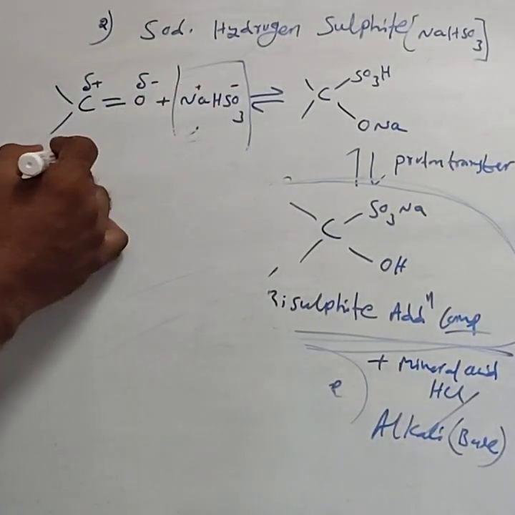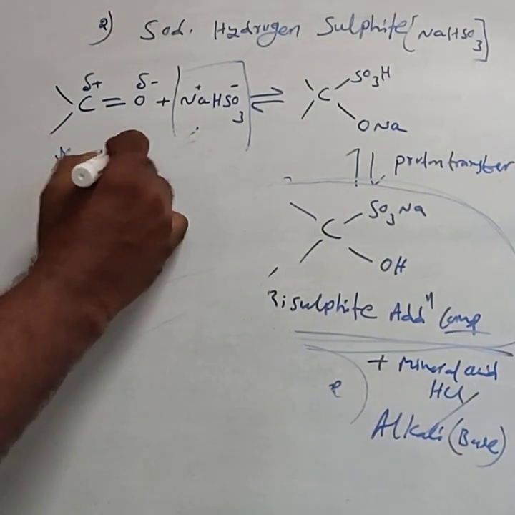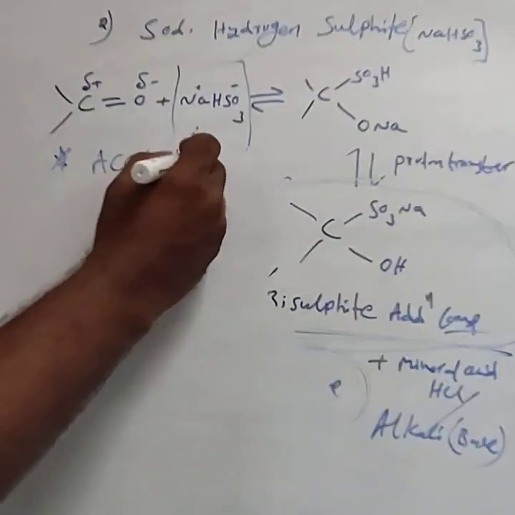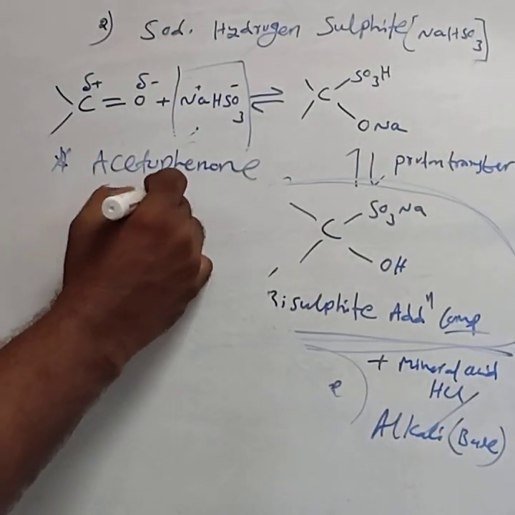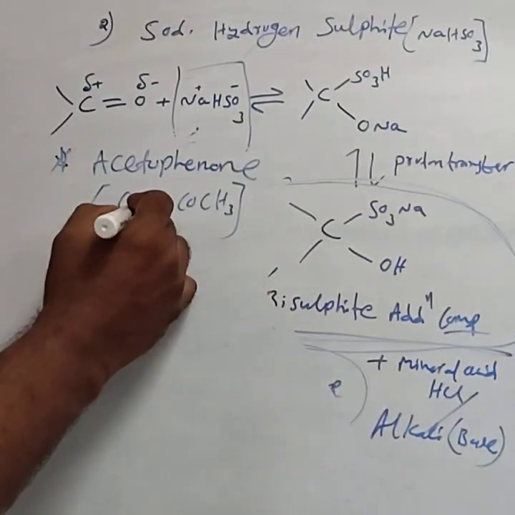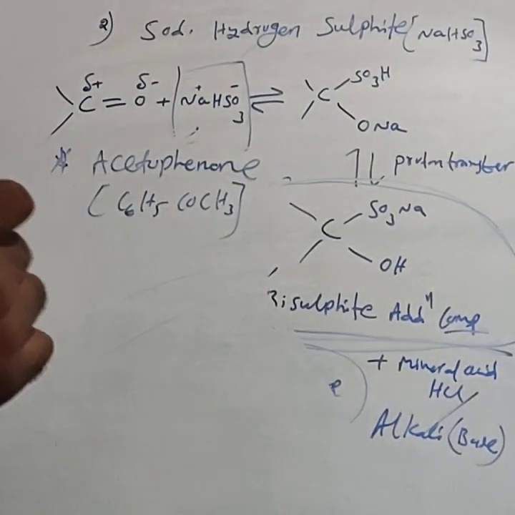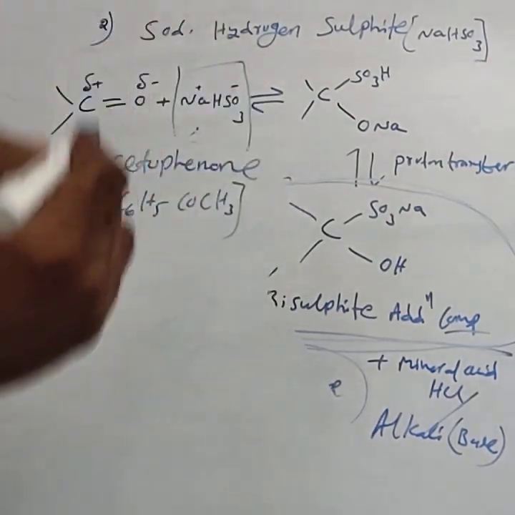And one more point: for one more question they can ask, the acetophenone formula is C6H5COCH3. Benzophenone means C6H5COC6H5.